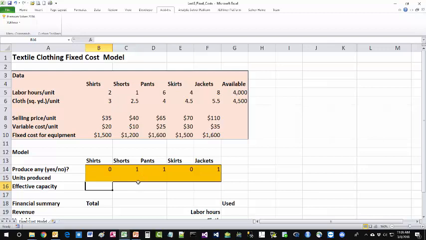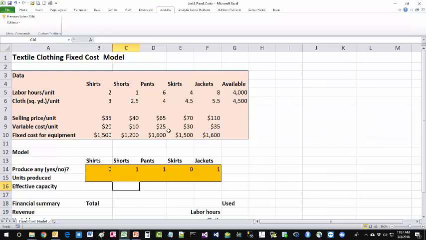So if we are, for example, considering the production of these shorts, then we have two numbers to consider. One is the ratio of total material divided by the square yardage per unit, which gives us the effective capacity of 1,800 shorts.